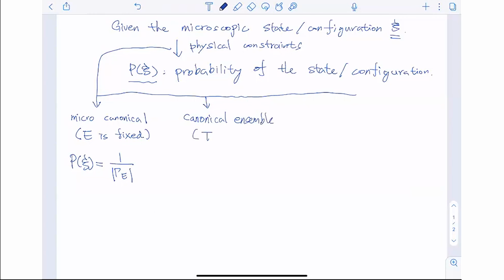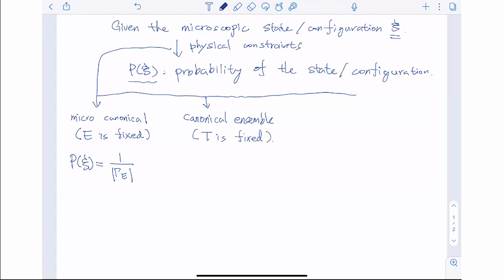Here, the temperature is fixed. So how do we have a fixed temperature? In the lab, we provide a heat bath, and this heat bath is in contact with our system. Because the heat bath is huge, the temperature is basically fixed by the heat bath.